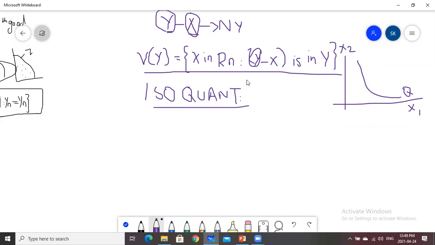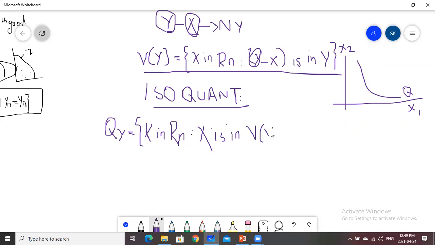Now isoquants are the production plan and possibilities of the firm, and can be defined as follows. Q of y is equal to the set of x in Rn such that x is in V of y, and x is not in V of y prime.